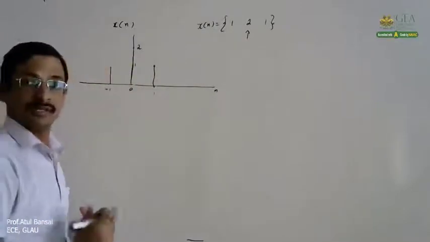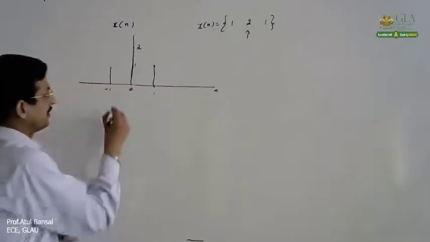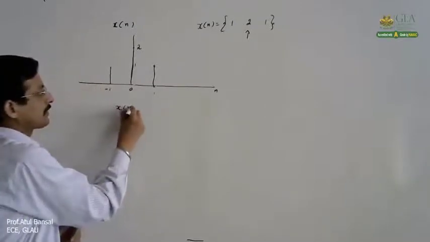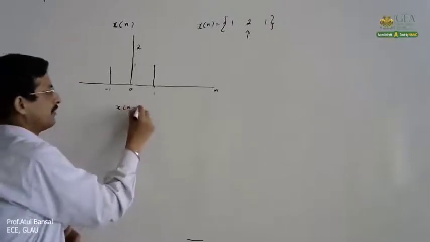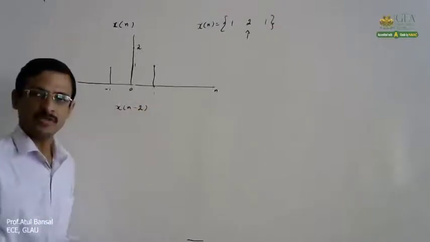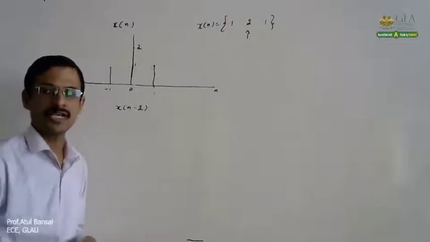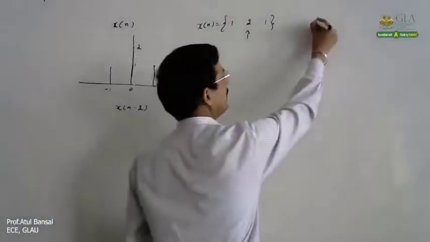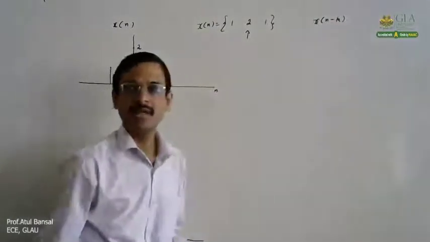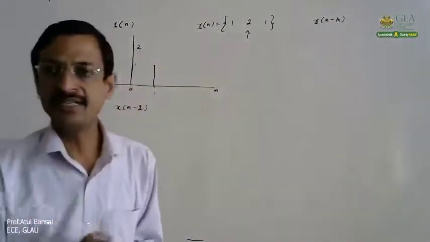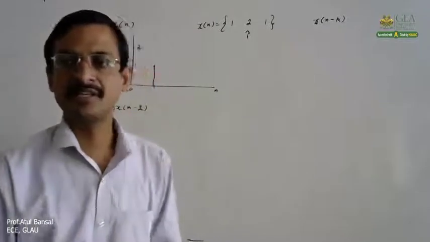Now, suppose we want a time shifted signal, that is x[n - 2]. Here again, like continuous time, the shifting can be x of n minus k, where k will be an integer, as n is also an integer in discrete time.